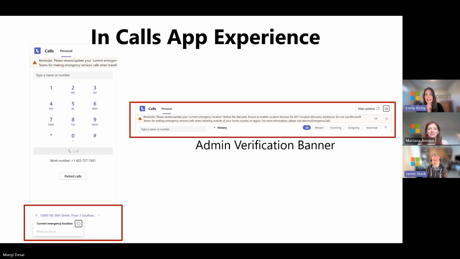Right. Yeah, and that's something a lot of times, when we're talking about phone and even meetings, there's the test call that people do, or setting up like a webinar, like we're doing today. You have a dry run, but emergency calls don't have that same opportunity.